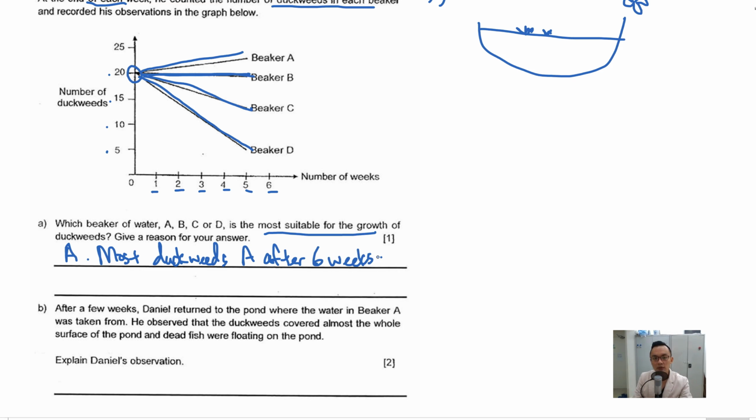All right, so there were the most duckweeds, so it is the most suitable for growth, or population. You can also say the population of duckweeds increased while other beakers decreased. Okay, so that's why it is the most suitable for the growth of duckweeds.